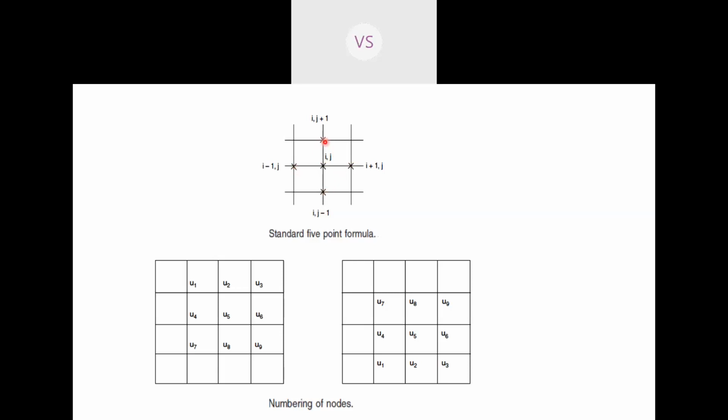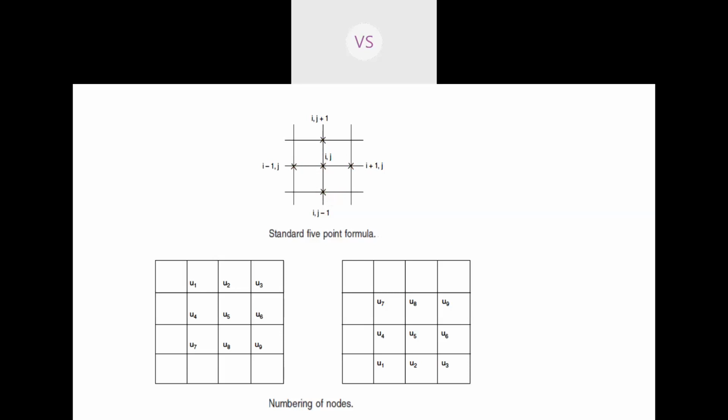To find the u value at this point ij, it will be 1/4 of the sum of all these neighboring points. You add these and write the equation.